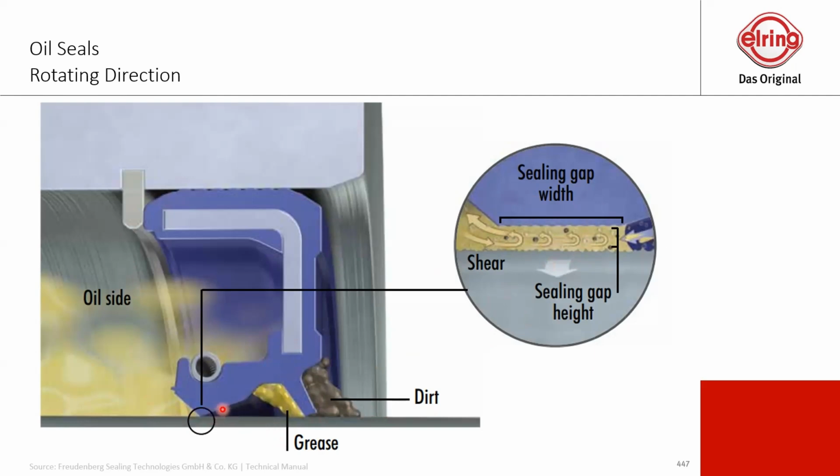The twist here outside on this flank is creating, by the rotation of the shaft, a vacuum effect. So it sucks the oil back into the oil sump where it should be and avoids any kind of leaking outside. How the twist looks, I will show you now with the next slides.